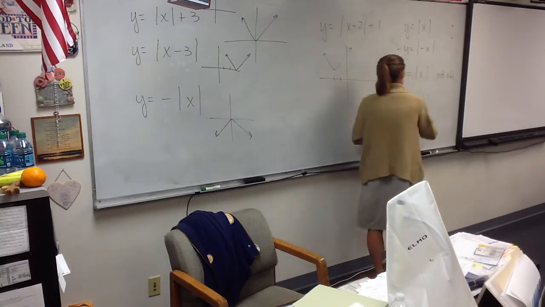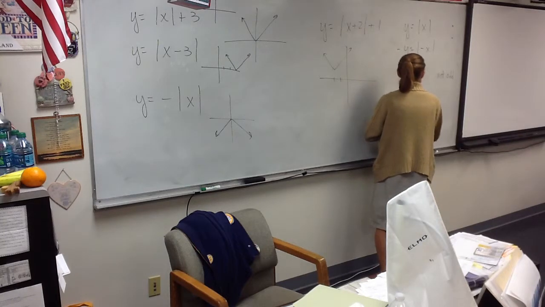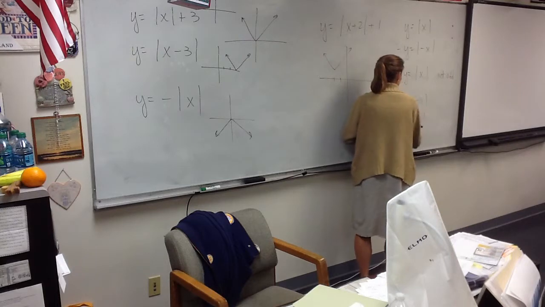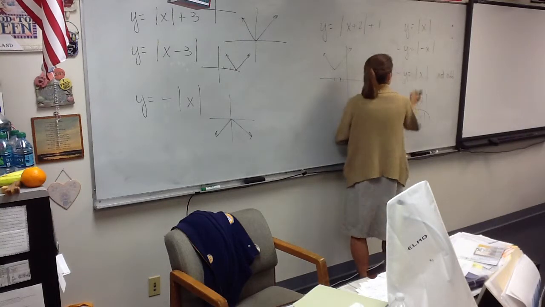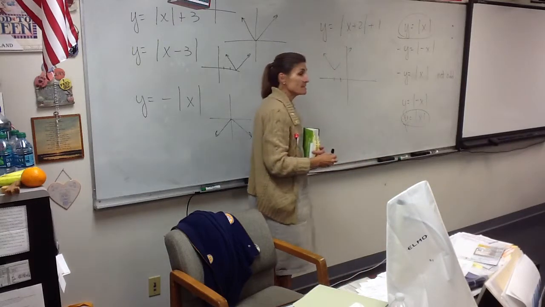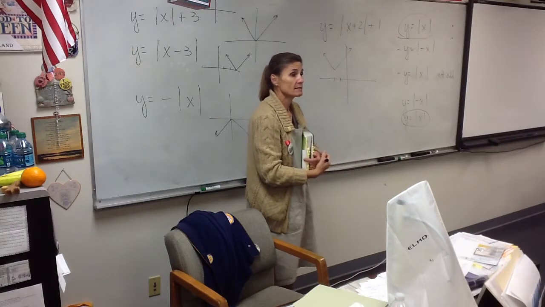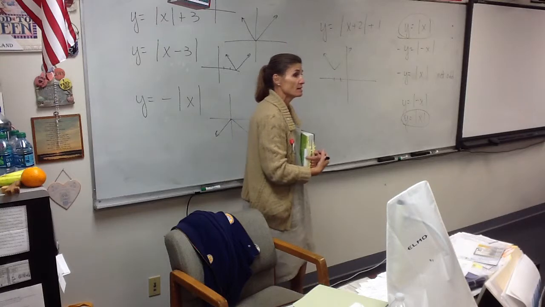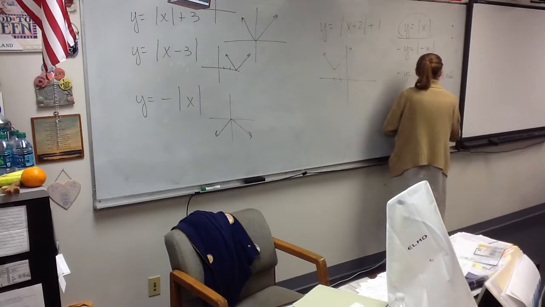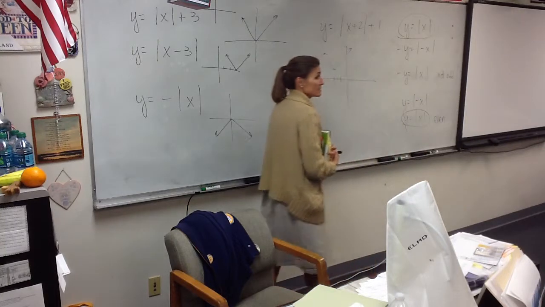Now, absolute value of negative x is the same as the absolute value of x. So what happened? When I changed the sign on x, I ended up with the same equation, didn't I? So what does that mean? It does have symmetry about the y-axis, which means it is even. So this one is even, because it has symmetry about the y-axis.